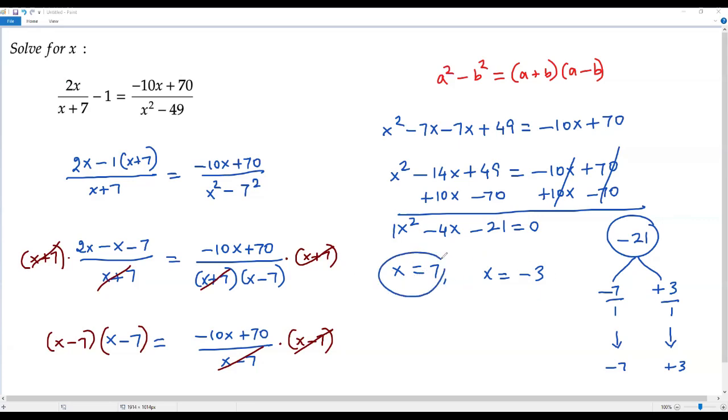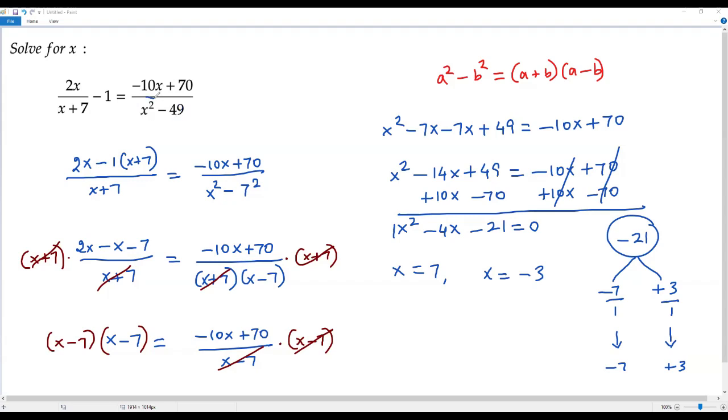First, let me verify the first value of x, that is x equals 7. I have to plug x equals 7 into the denominators of the given rational equation. Plugging x equals 7 into x plus 7, I get 7 plus 7, which is 14, so this denominator does not become 0. Now let me check this denominator.